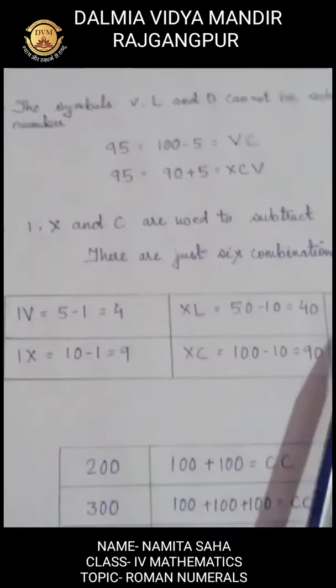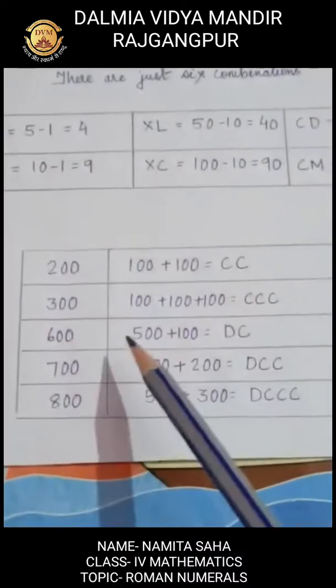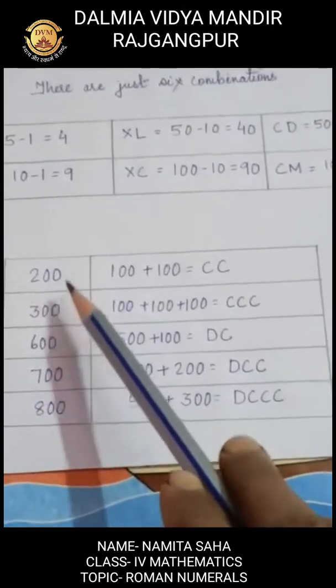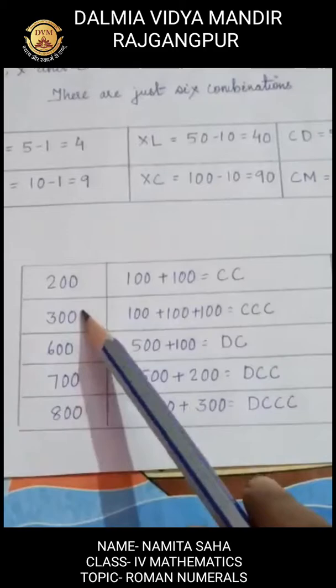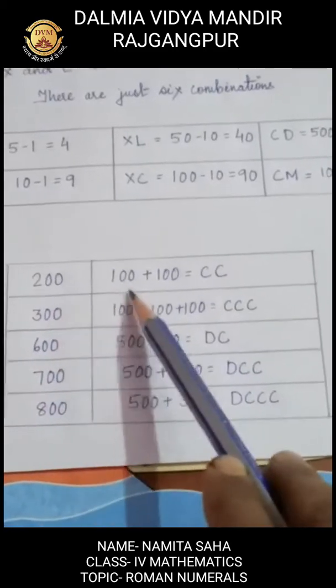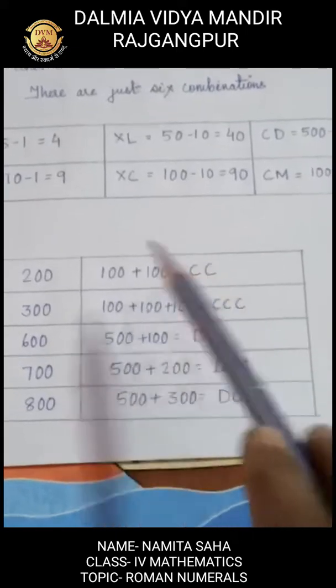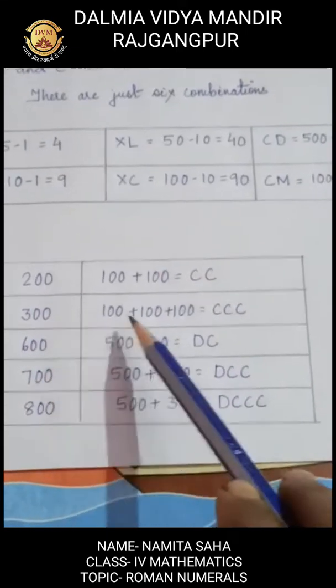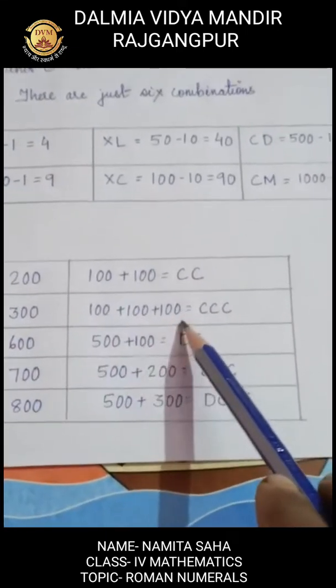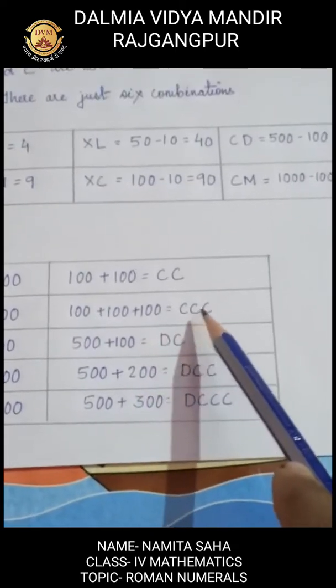By following the rules we can also write other Hindu-Arabic numbers. Like 200. 200 can be written as 100 plus 100 and the symbols will be CC. In that way 300 is 100 plus 100 plus 100 and it gives us the symbol CCC.